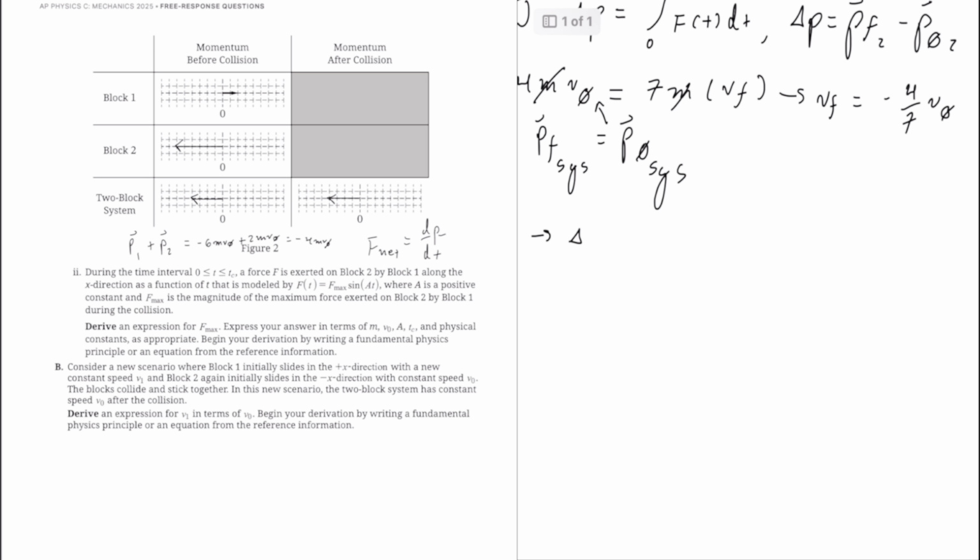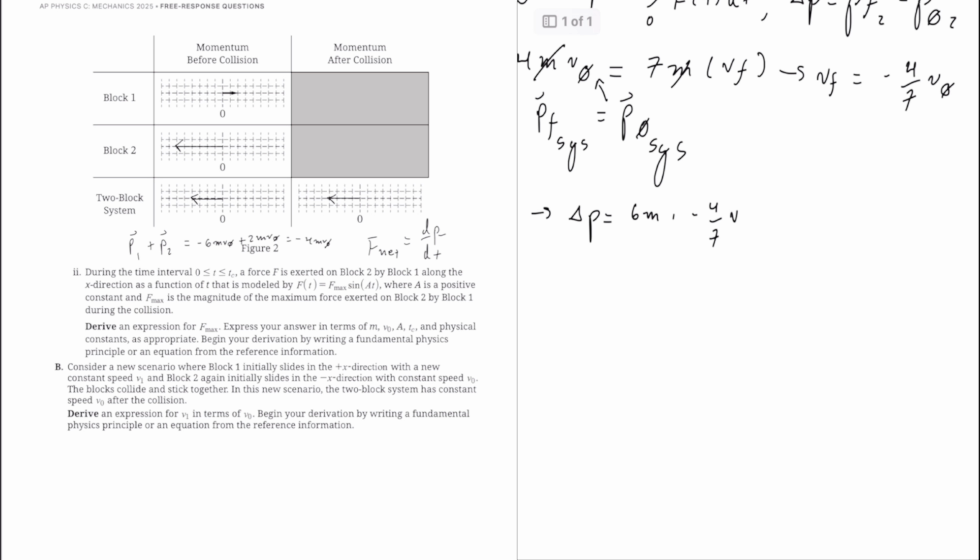Now I can say that delta p is equal to, and block 2's momentum is the mass of block 2, which would be 6m times the final velocity of block 2, because if the system moves with negative 4/7 v naught, then each of the two blocks have to move with negative 4/7 v naught, because after the collision, they stick. So times negative 4/7 v naught.